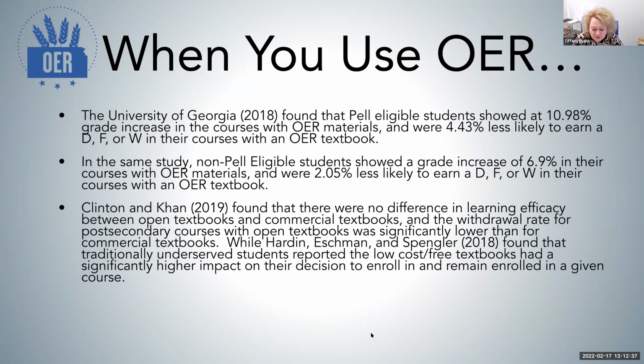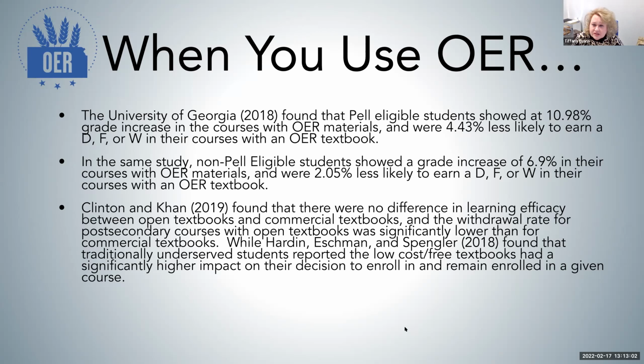Now, here's the big selling point. When you use OER, there's some really cool things that happen. The University of Georgia in 2018 found out that their Pell eligible students showed a really large increase in the courses with OER materials, like almost 11%.